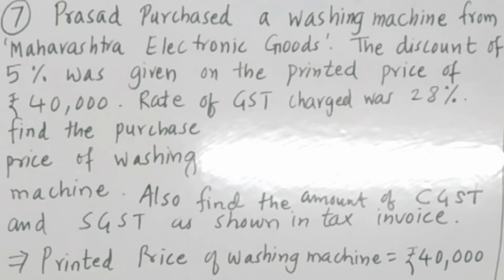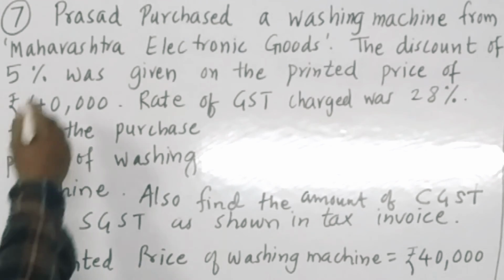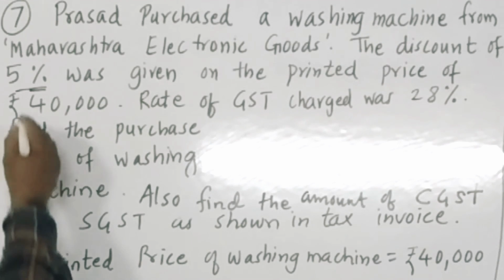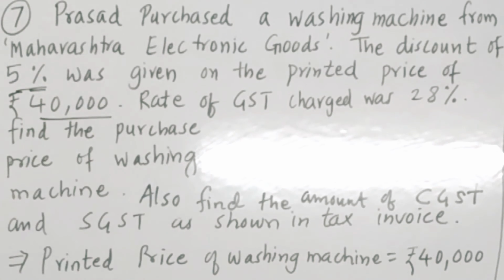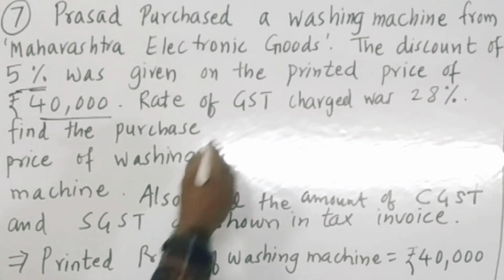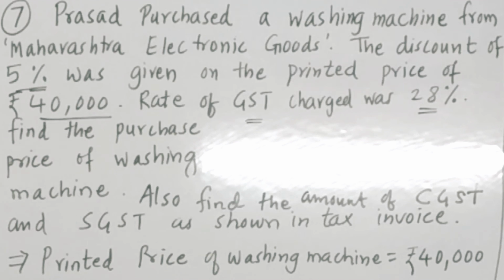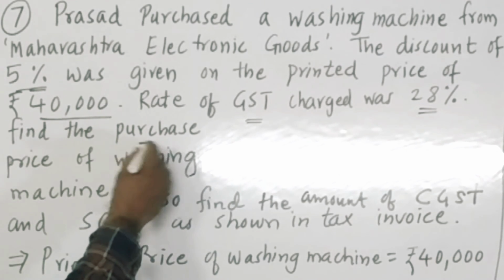Seventh example. Prasad purchased a washing machine from Maharashtra Electronics Goods. A discount of 5% was given on the printed price of the washing machine, which was 40,000 rupees. The rate of GST charged was 28%. Find the purchase price. What is the purchase price?